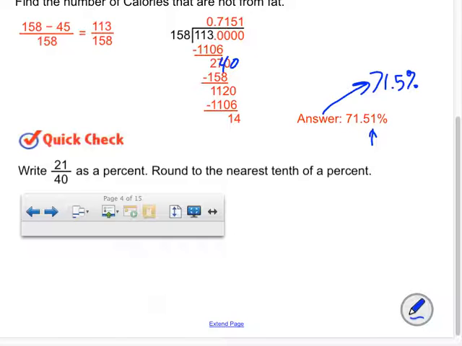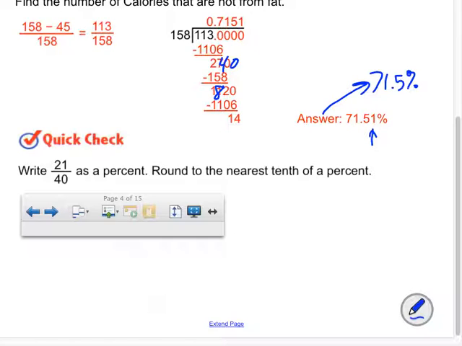And then 1 times 158, 240 minus 158, that gave me back what? So 2 more, 82. And then bring down the 0.